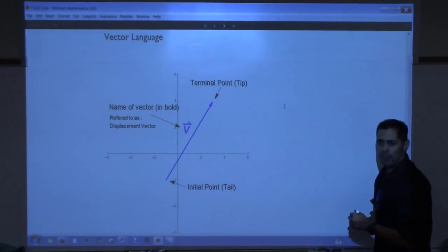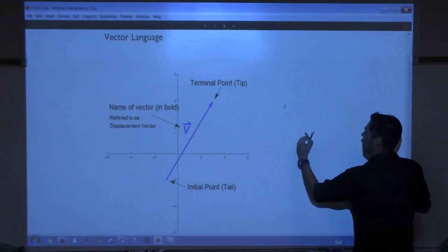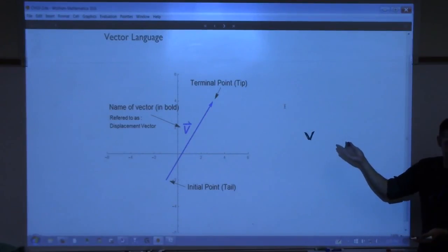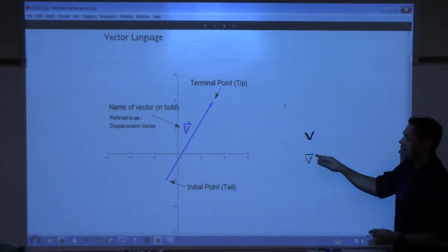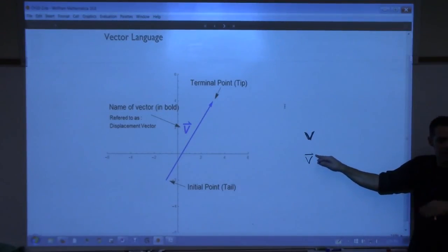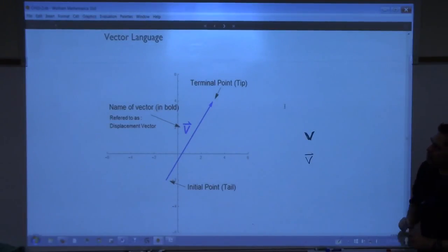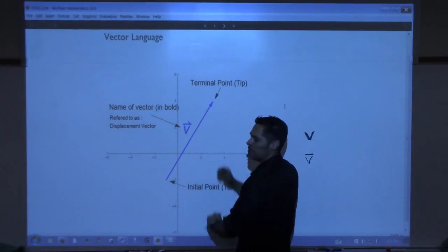The book uses a bold V, if they want to call this thing V for vector. But it's difficult for me to write bold on the board all the time, so instead of using a bold, we use this little half arrow above the letter to let you know it's a vector. This is referred to as a displacement vector.